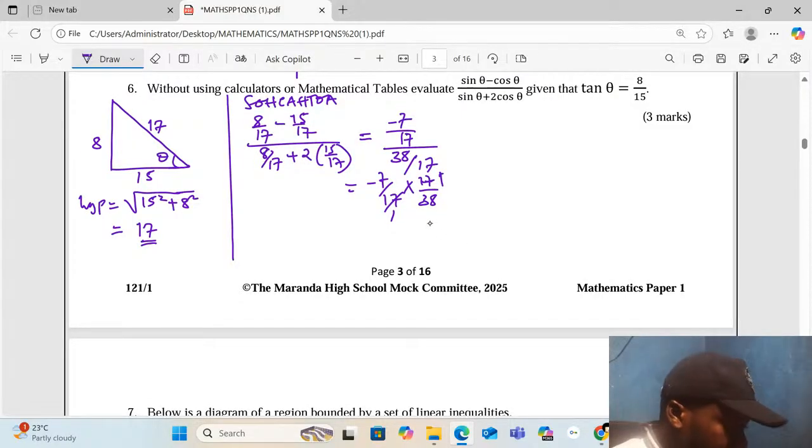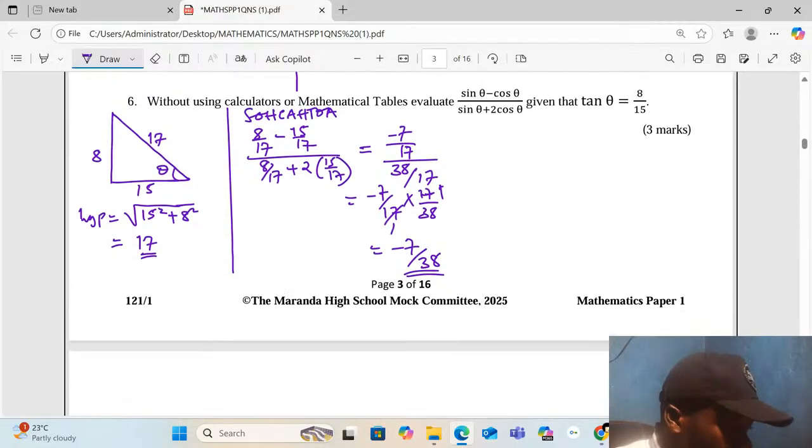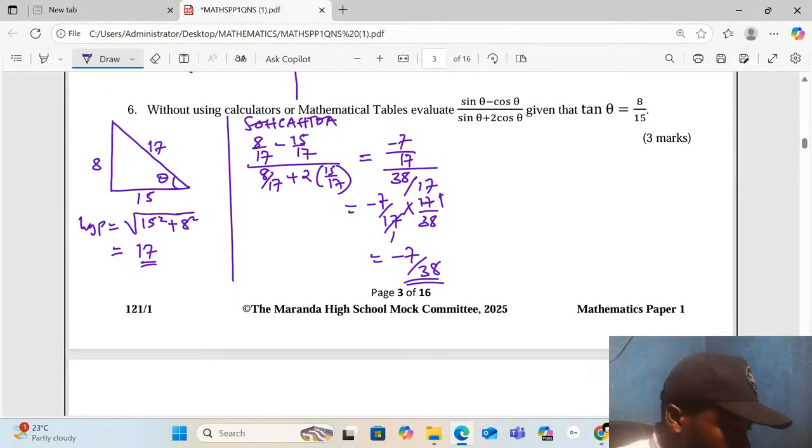So we shall have our final answer as negative 7 over 38. Now this becomes our final answer for that question without using a calculator. As you can see, that is how we work that one out.